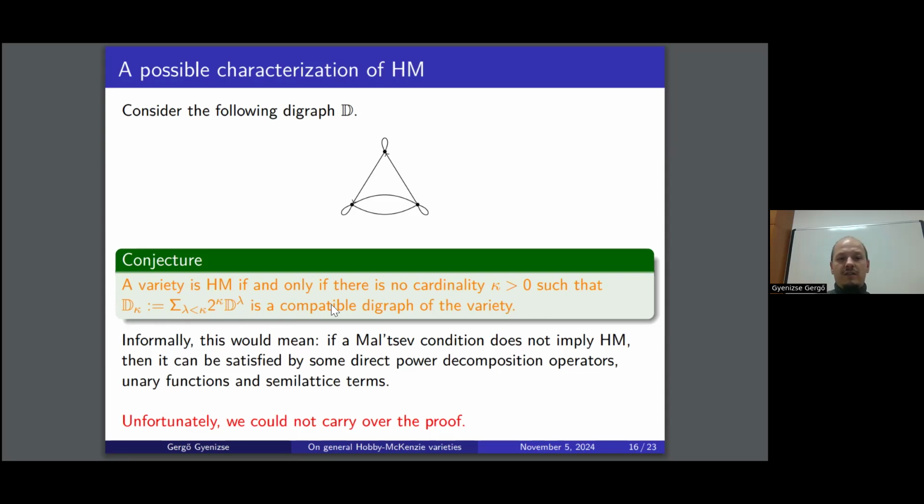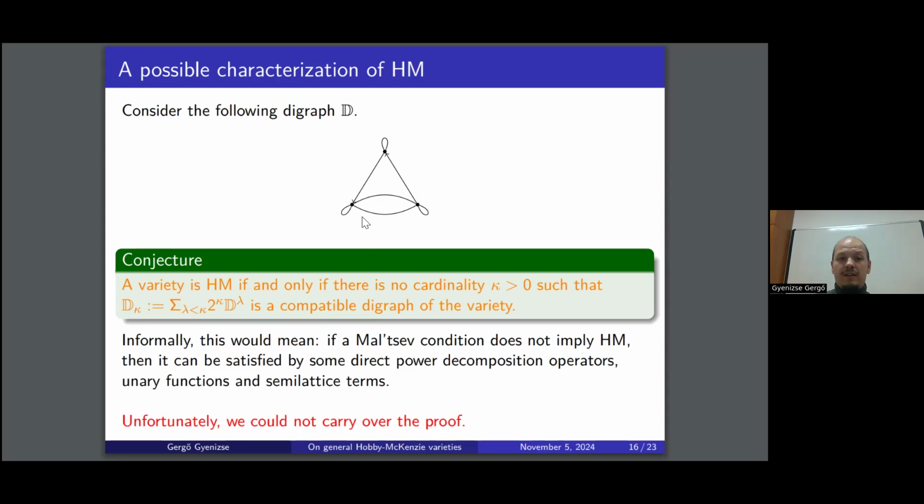And again, the one direction is easy: if a variety is Hobby-McKenzie, then it cannot be compatible with such a graph, because again, D is a retraction of D kappa. There are no Hobby-McKenzie operations on D, and that's it.